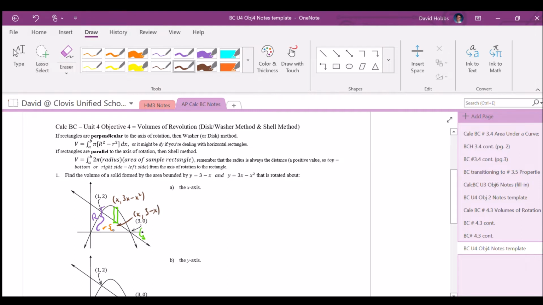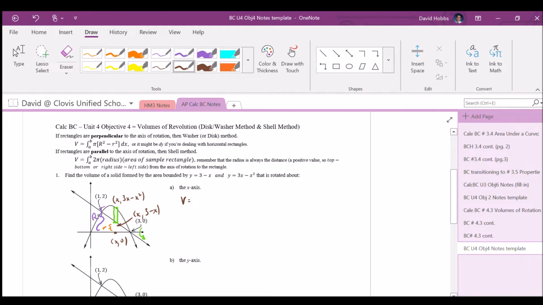Now I like to line up a dot on the axis of rotation and label that as well, so x comma 0. Why do I like to do that? Because then I can get my little r and my big R better, because top minus bottom and all that.